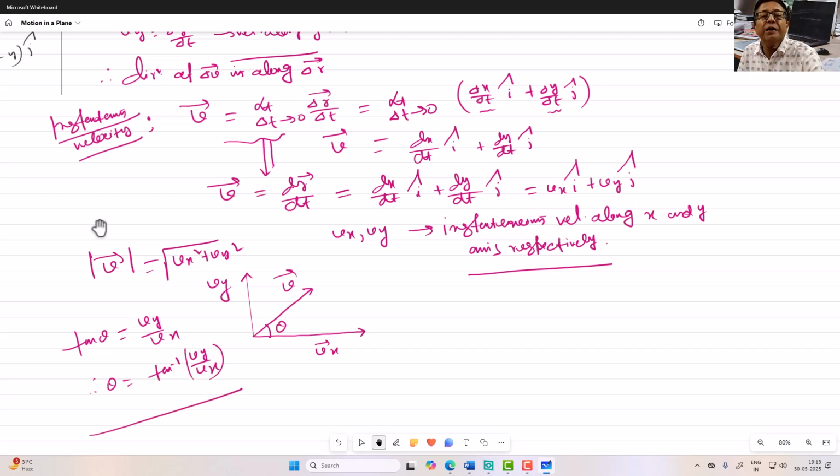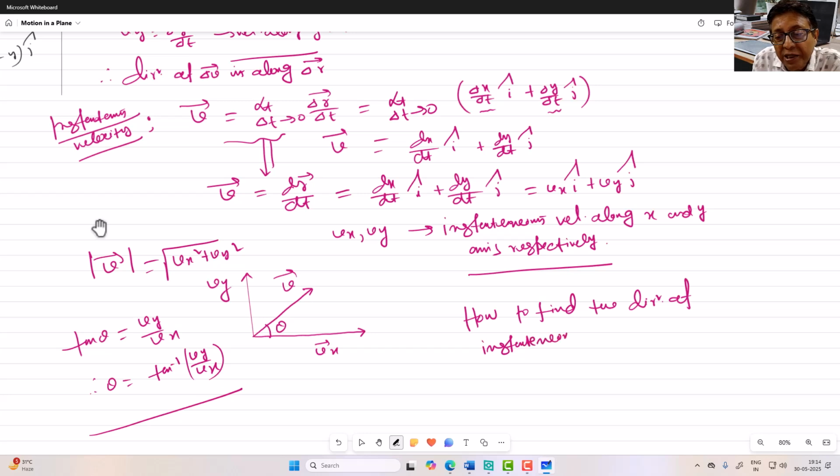Now a question arises: what is the direction of instantaneous velocity? How to find the direction of instantaneous velocity?